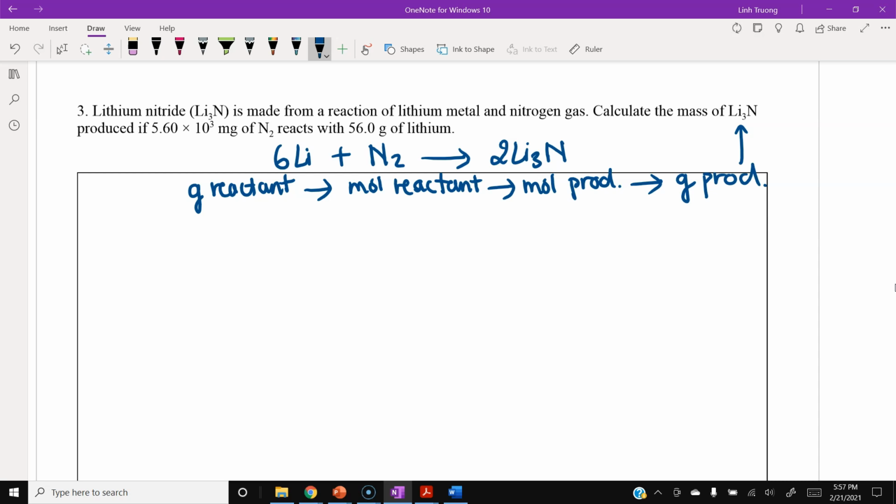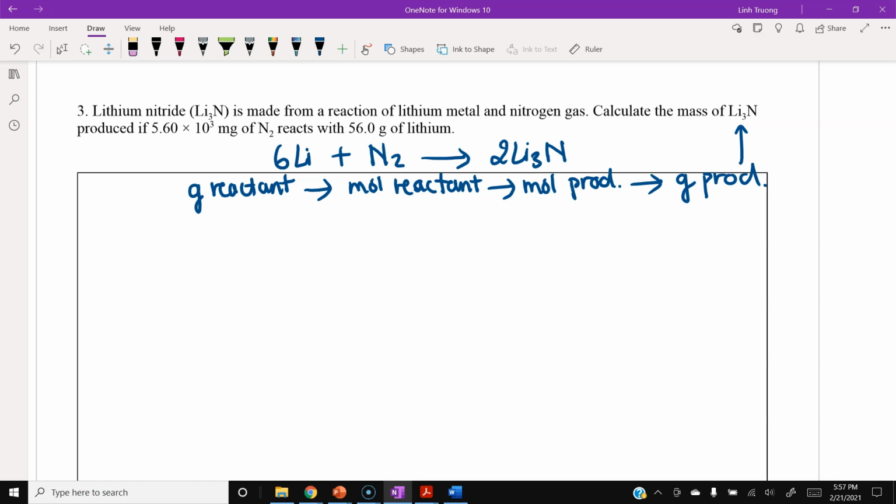In order to do all this, you need to know the molar mass of all 3 of these reagents. Assuming you know how to do that using the periodic table, let's get started with our 2 calculations. First, I'll do lithium.